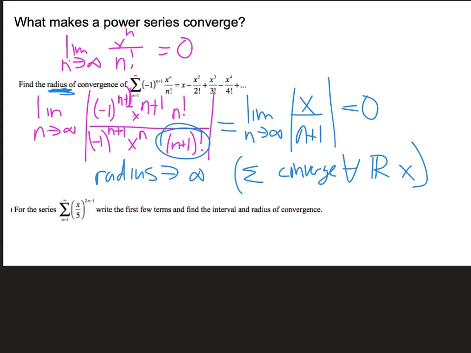The next one, again, let's do the divergence test first. So the limit as n goes to infinity, we have x over 5 to the 2n minus, not plus, minus 1. Now, as long as this is less than 1, then we're good.